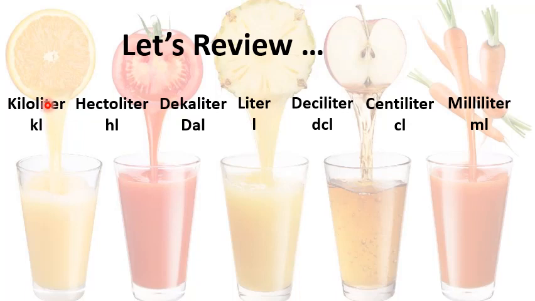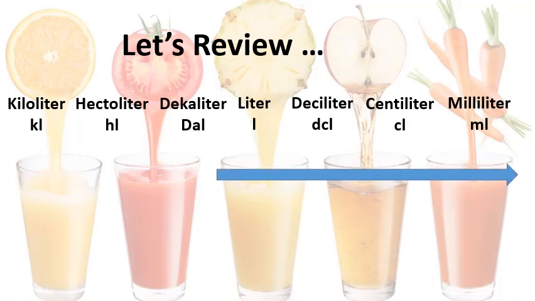So for kiloliters, we have KL; hecto, HL; deca, DAL with a capital D; liter, L; deciliter, DCL; centiliter, CL; and milliliter, ML. And as we are moving to the right, we're going to multiply.